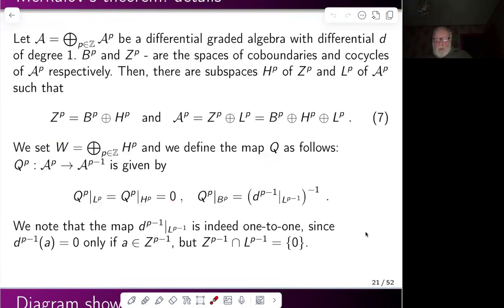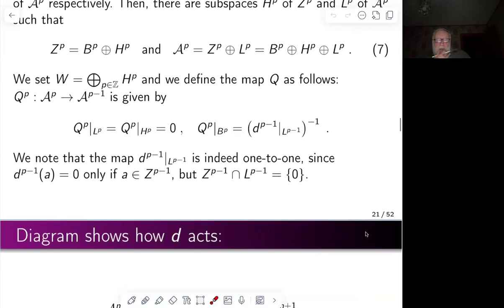And on coboundaries, this Q is the inversion of our differential d^(p-1) restricted to L^(p-1). It is easy to check that this restriction on L^(p-1) is really one-to-one, because the intersection of Z^(p-1) and L^(p-1) is always empty.